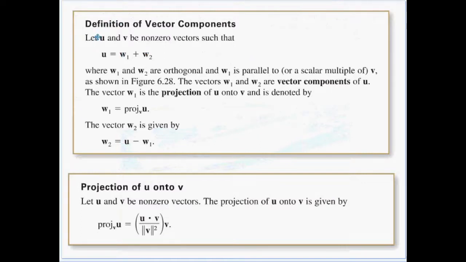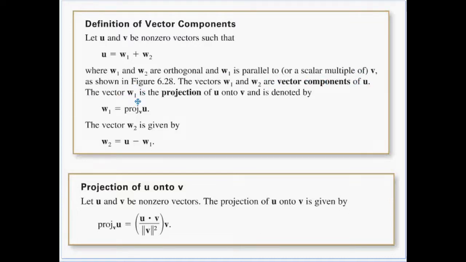So, vector components. We let u and v both be non-zero vectors, such that u we can break down into its two components. W1 and W2 are orthogonal, and W1 is parallel to, or maybe just a scalar multiple of, vector v. The vectors W1 and W2 are vector components of vector u.